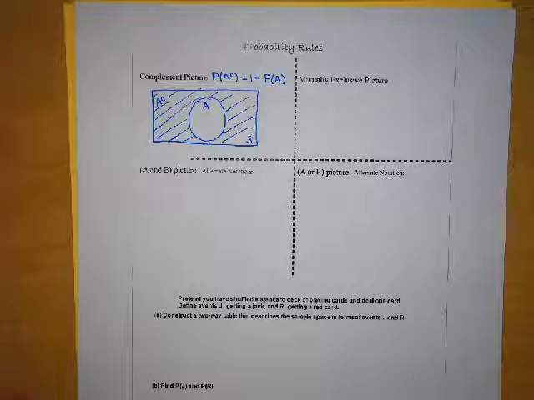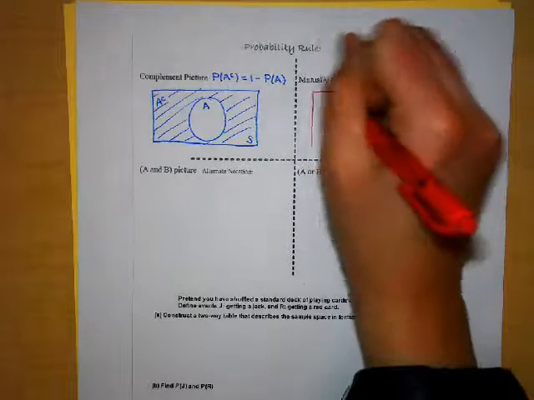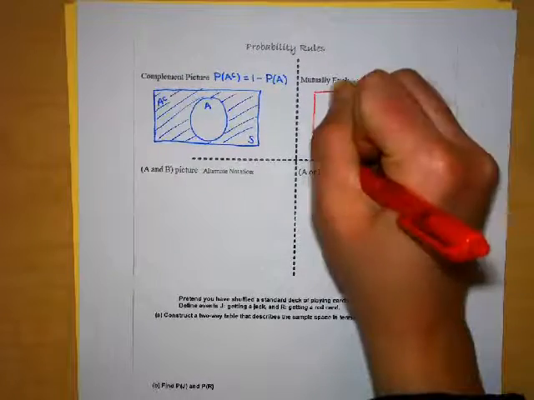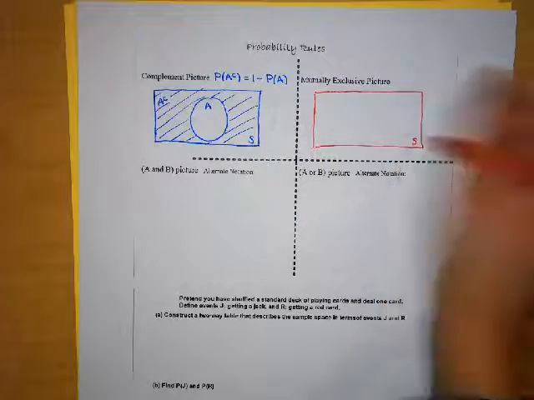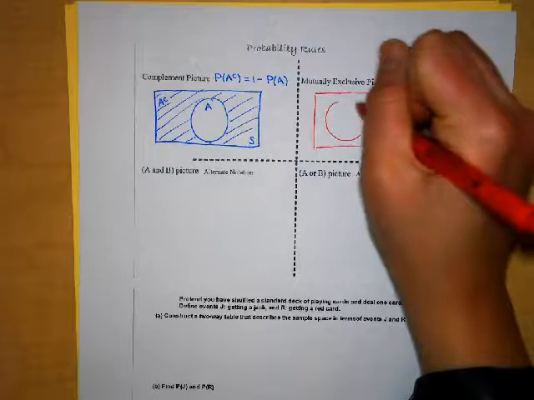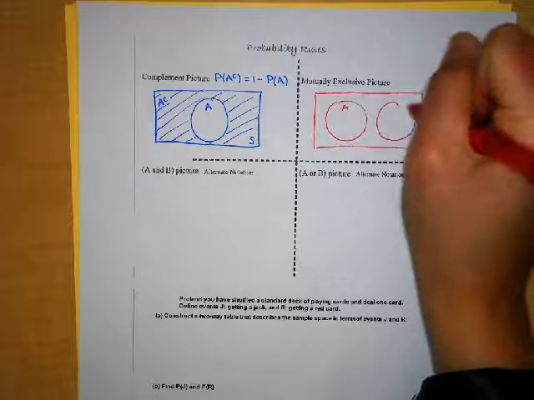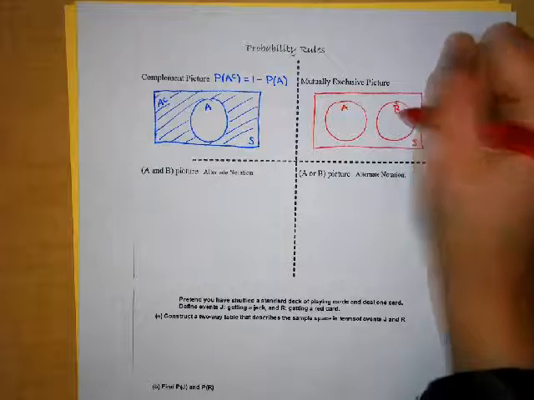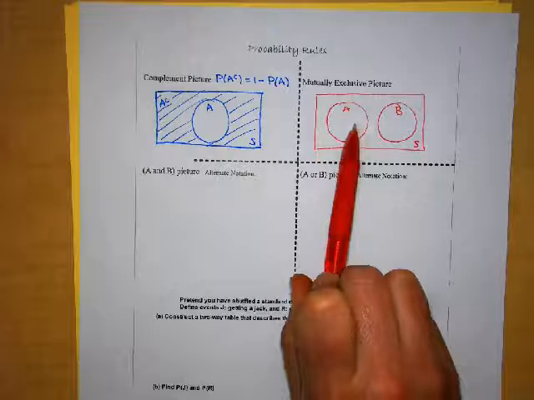Then we have our mutually exclusive events. So we have our box. We label it with S so we know it's the sample space. We have event A, event B. They are mutually exclusive because they can never happen at the same time.